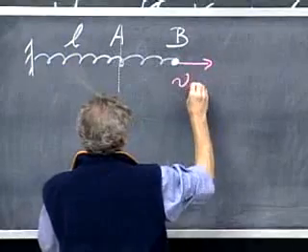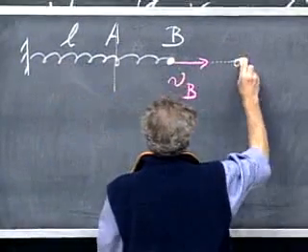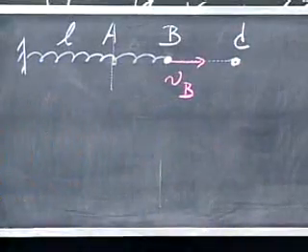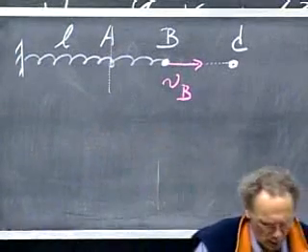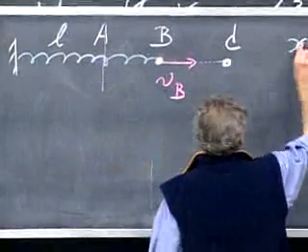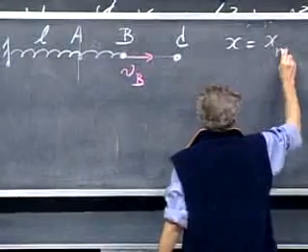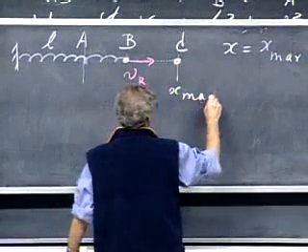I will not put in any numbers now. I'll give it a speed vB, and it comes to a halt here at point C. Let the spring constant be k, and this is at t equals 0. We're going to get a simple harmonic oscillation. This is going to be x max.